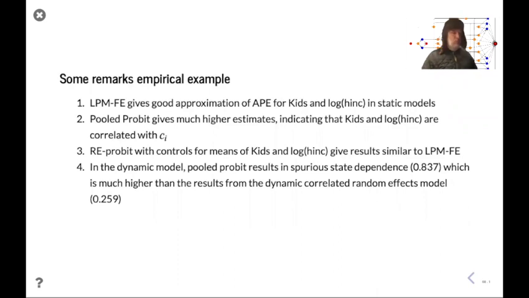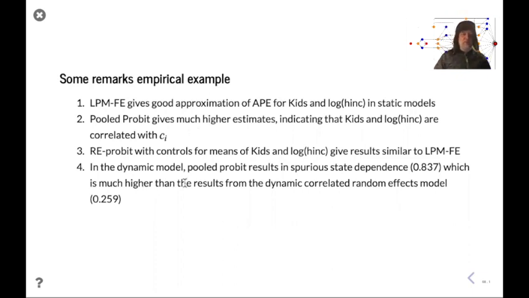This is what we saw when we compared the pooled probit with the linear fixed effects model in the static models. The random effects with controls for means of kids and log household income get very similar effects, indicating that we are successful in controlling for the correlation between the explanatory variables and the unobserved effects.